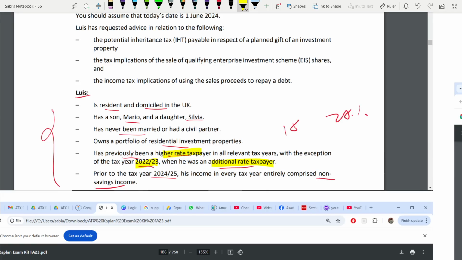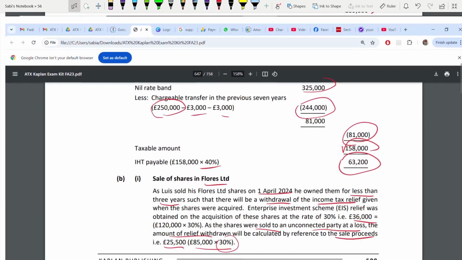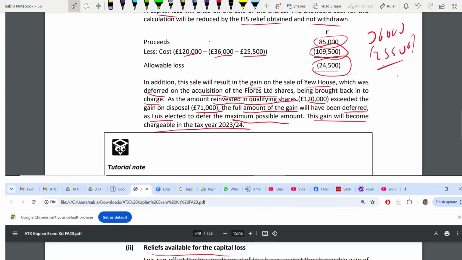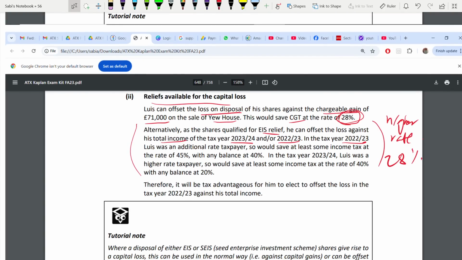So we don't want him to waste any of the tax. Wherever he's paying the higher tax, get the loss relief against that tax year. That's advisable. Because in the tax year 22-23 he was an additional rate taxpayer, it is better to utilize the loss against that tax year rather than 23-24. So this will save your income tax at 45%, and any balance will then be charged at 40%.